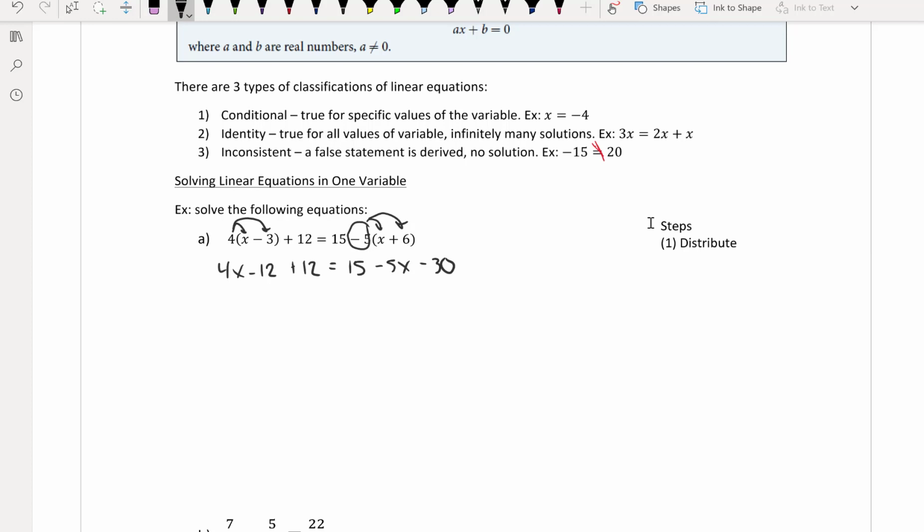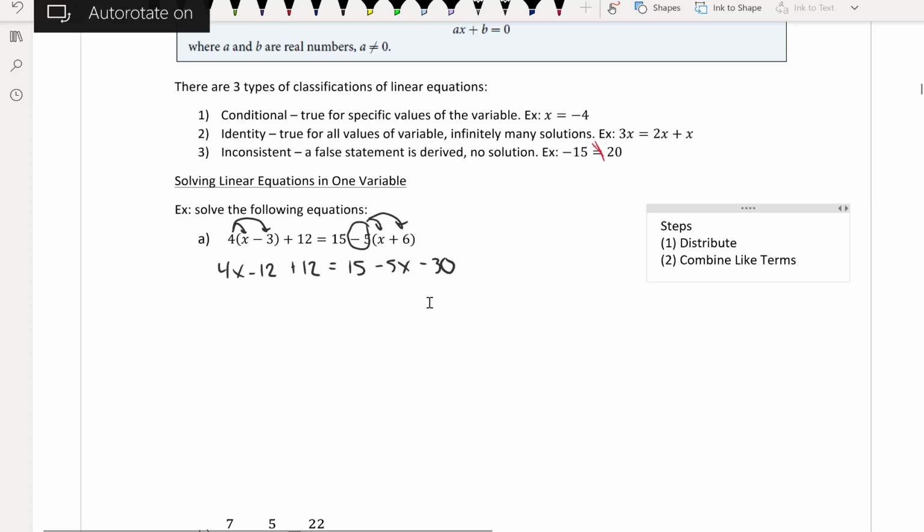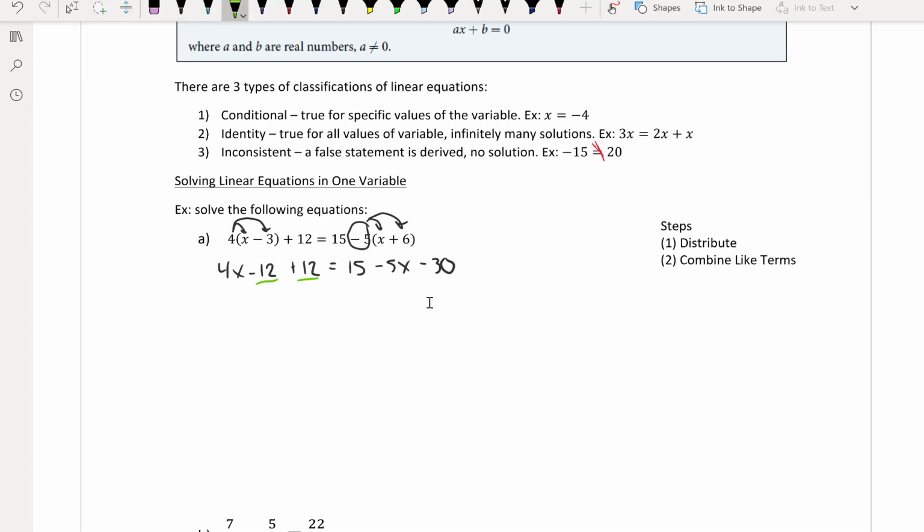So now I want to think about my step number 2. What am I going to do? Well, for step number 2, I'm going to combine like terms. That means things that have the same ending are going to combine together. So let's see what we actually have. Well, it looks like I have this negative 12 and that positive 12.